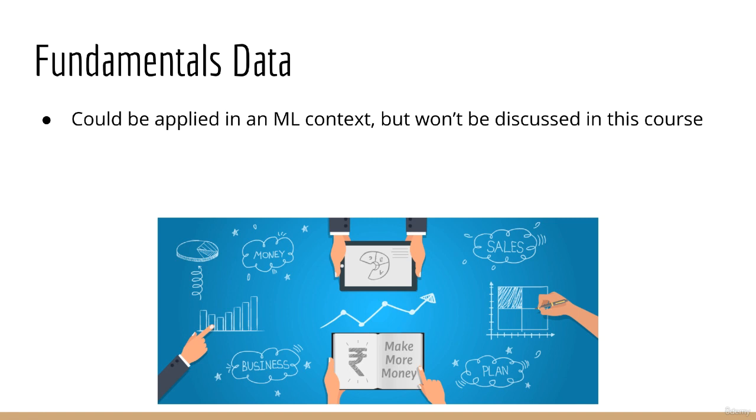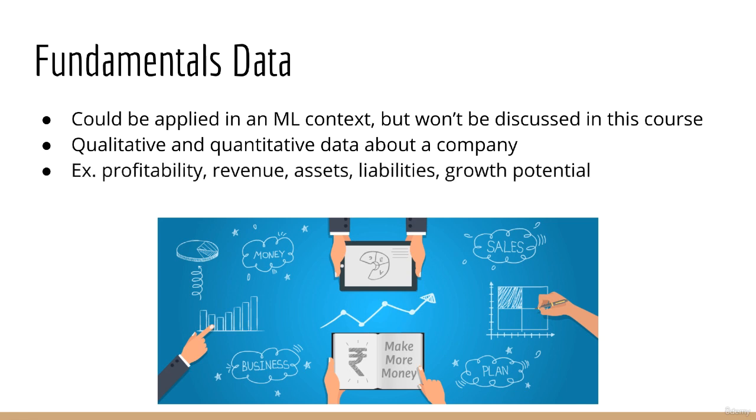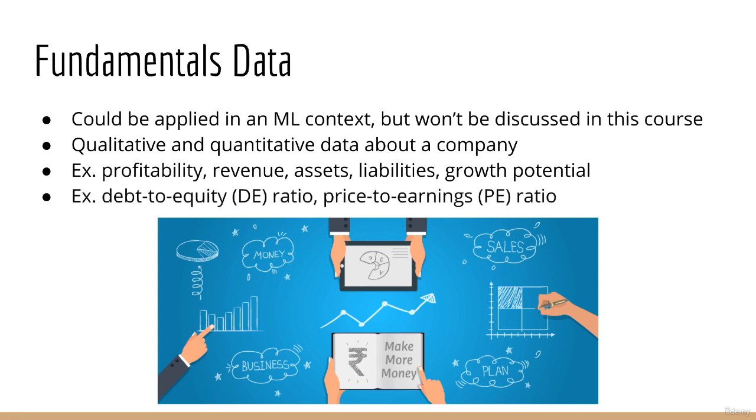Fundamentals data includes both quantitative and qualitative data about a company. Information such as profitability, revenue, assets, liabilities, and growth potential are considered fundamentals. Some specific numbers that financial analysts use are the debt-to-equity ratio, or DE ratio, and the price-to-earnings ratio, or PE ratio. Since we will not be looking at this kind of data in the course, it won't be discussed further.